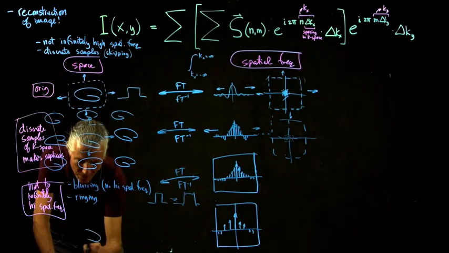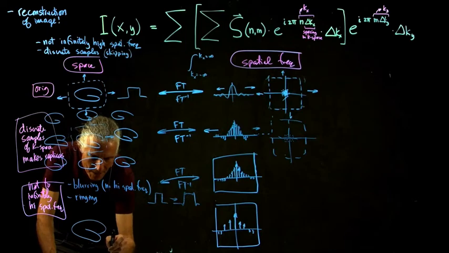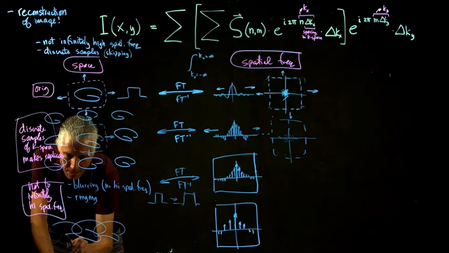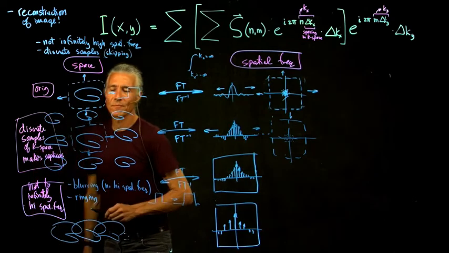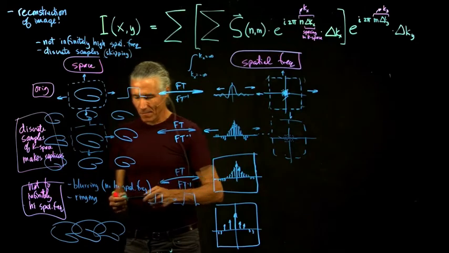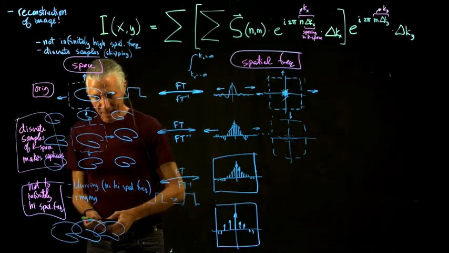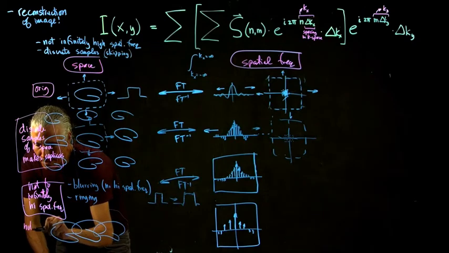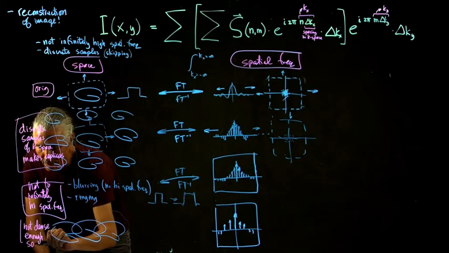So when we do that, what will happen is it will cause the replicas to intrude like that. And then we'll see this, so this is not dense enough. Not dense enough sampling.